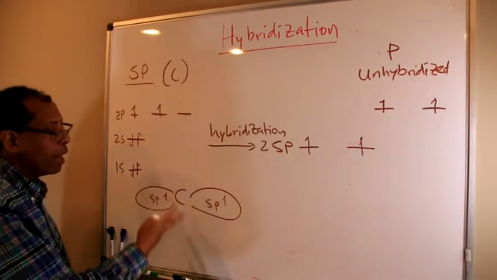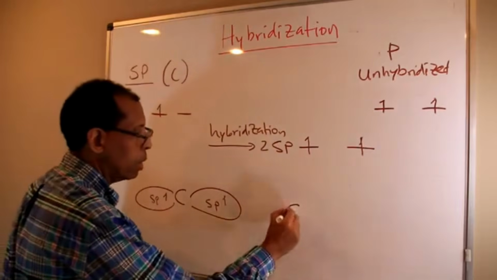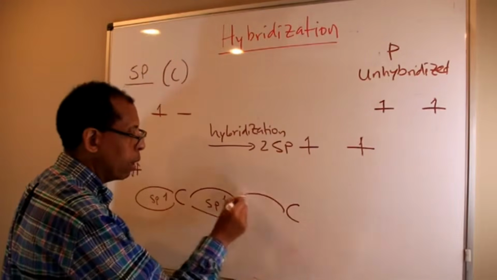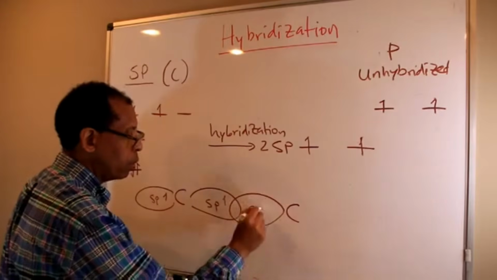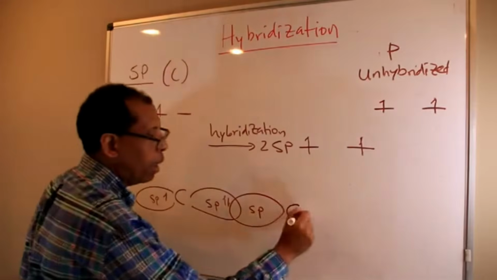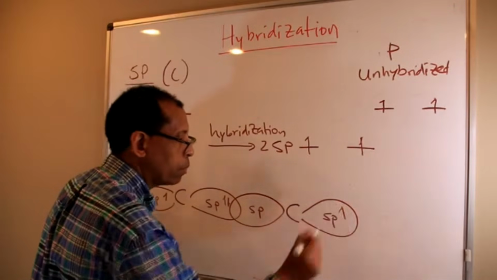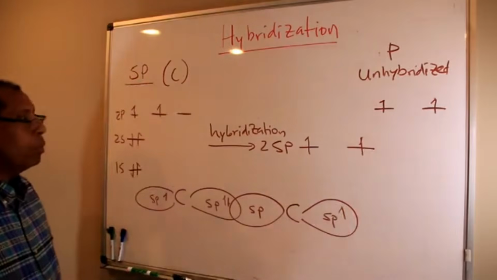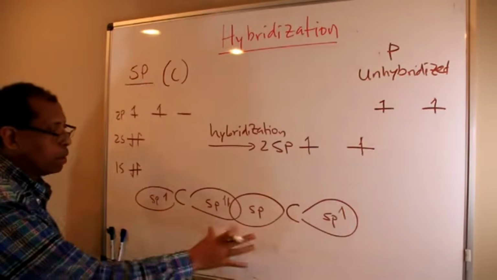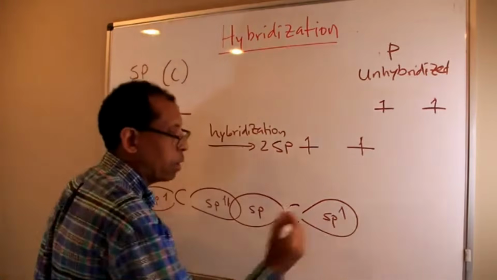So if I had another carbon, for example, to make a bond, this would also have another sp with one electron, then they are making a bond, and here there is another sp with one electron. Now let's satisfy this by making a bond with hydrogen, for example.